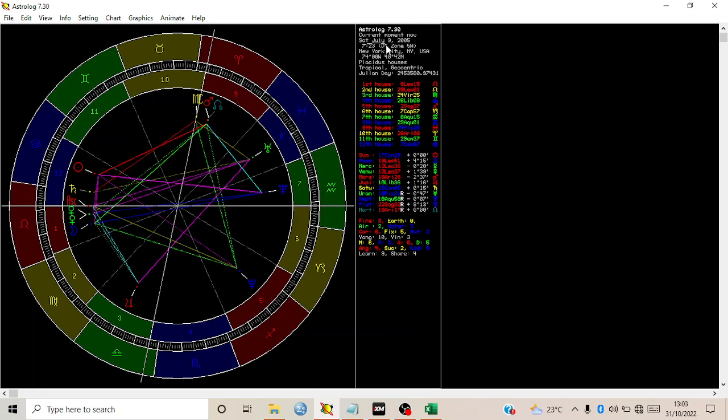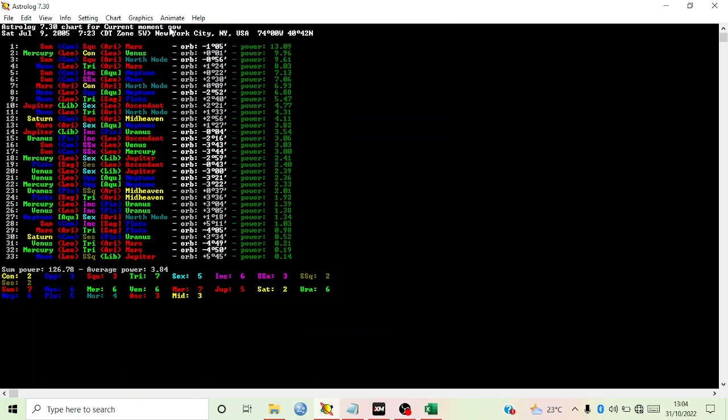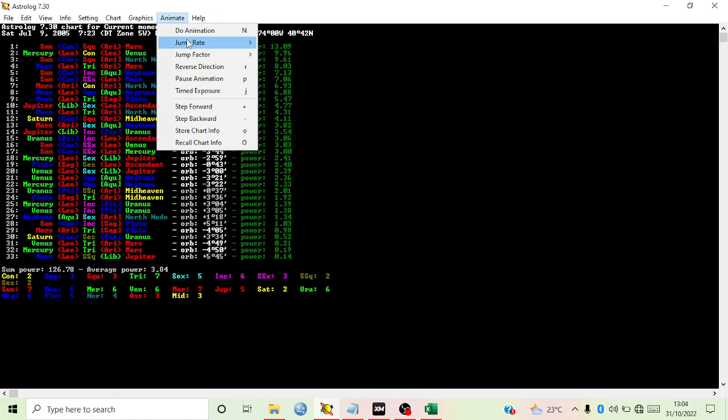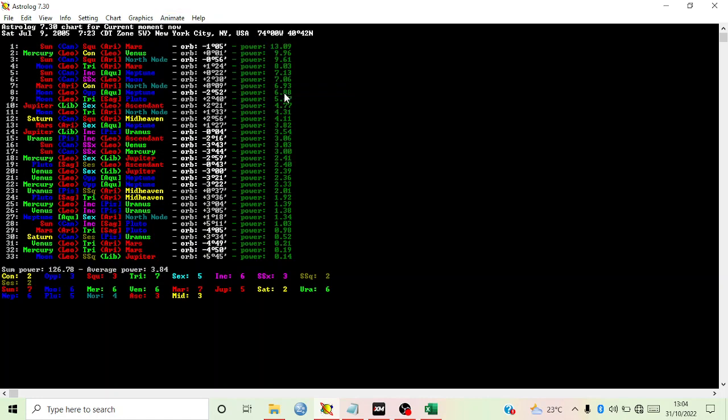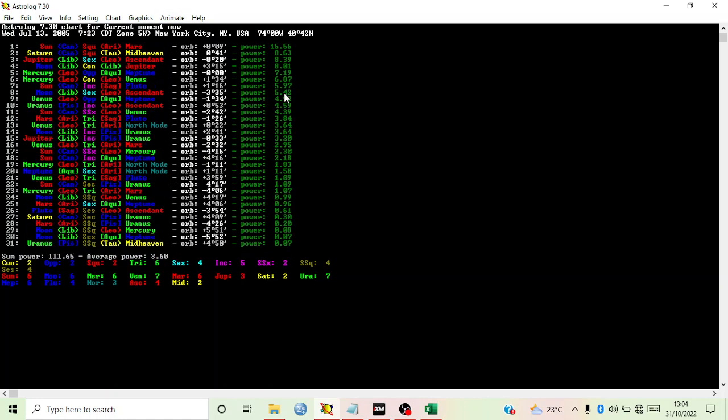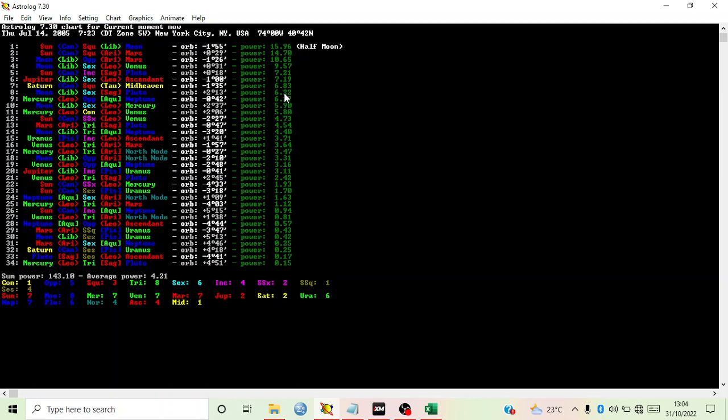However, remember that we need to check whether it's halfway into the new moon phase or into the full moon phase. Remember that solar eclipse simply means that we are in the new moon, right? So we want it to be in the other cycle, in the full moon. So I'm going to go to aspects and try to jump it within days. So halfway, right?